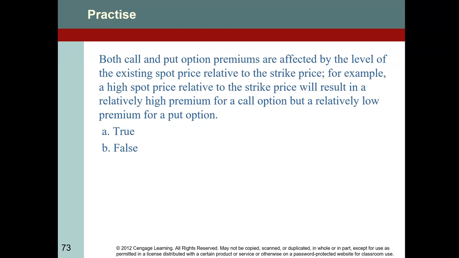Okay, so let's look at another practice question here. Both call and put option premiums are affected by the level of the existing spot price relative to the strike price. For example, a high spot price relative to the strike price will result in a relatively high premium for a call option, but a relatively low premium for a put option.